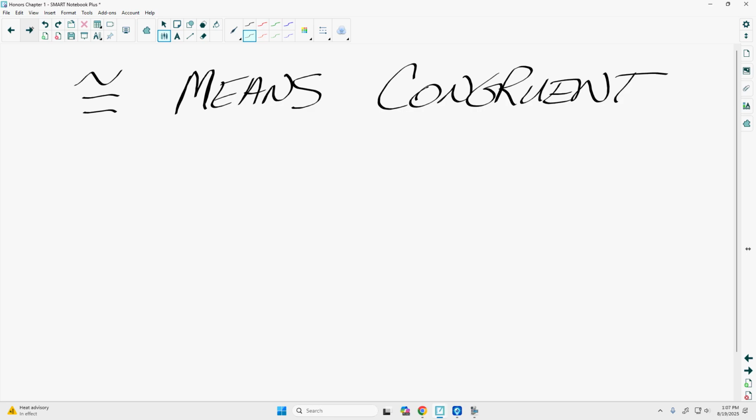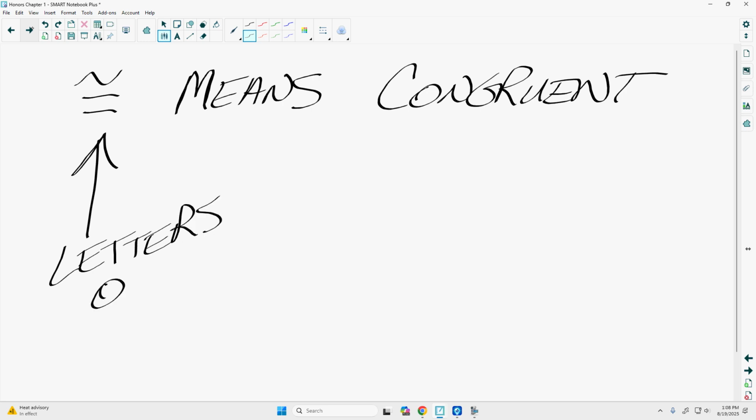Congruent is the same thing as equals, but in the math world, equals is used with numbers and congruent is used with letters. So you can't use that congruent symbol unless you have just letters. If you have any numbers at all, you just go back to what you're used to, which is equals.